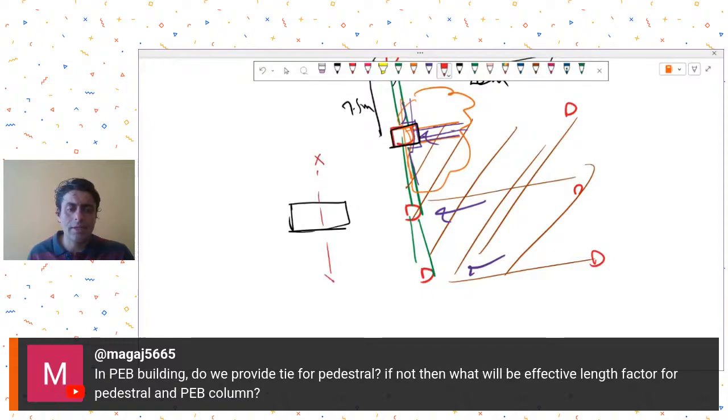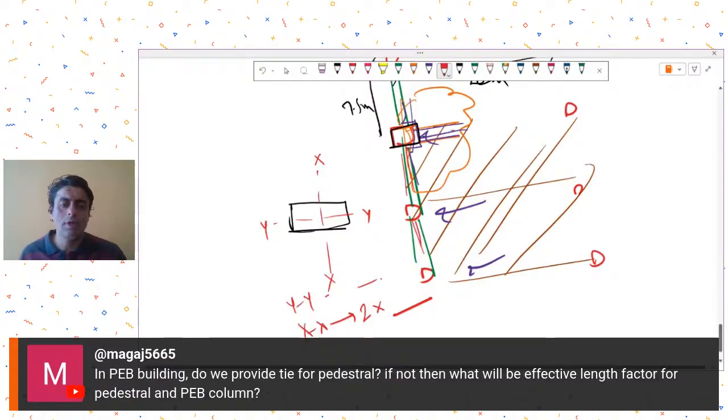So let's say this is my x axis and this is the y axis. The unsupported length about the x axis, you assume to be a cantilever, so you may take it as two times the pedestal length. And about the y axis, you are getting the tie of the plinth beam or ground beam, so accordingly you can take the effective or unsupported length. Clear? But it's not a concern, because these pedestals are generally governed by the steel column size.